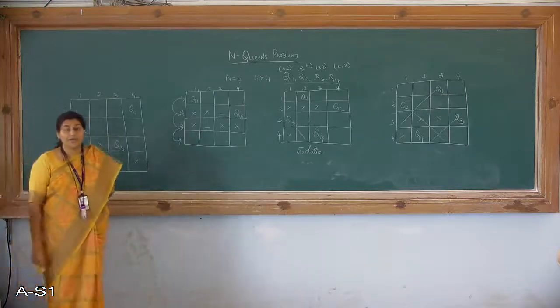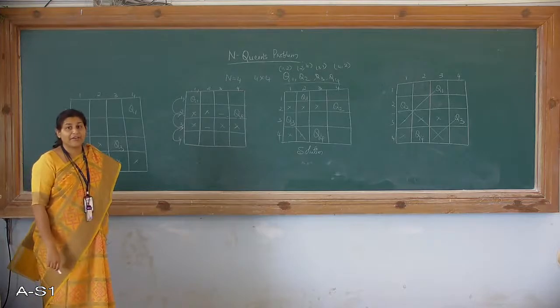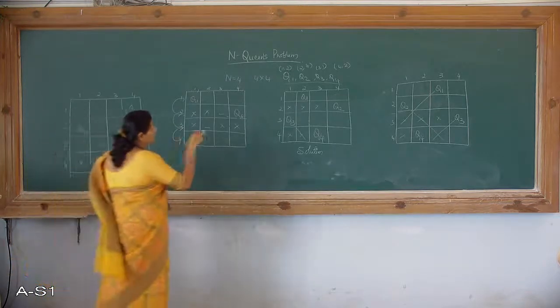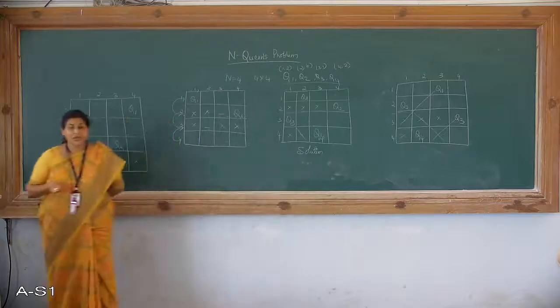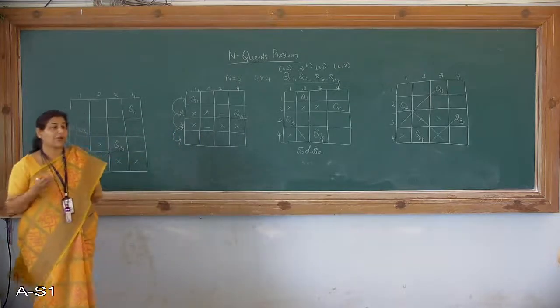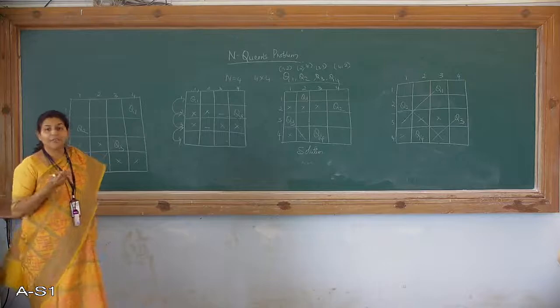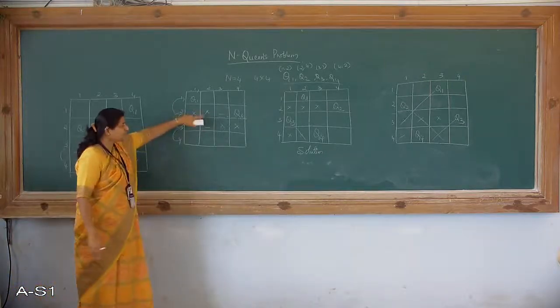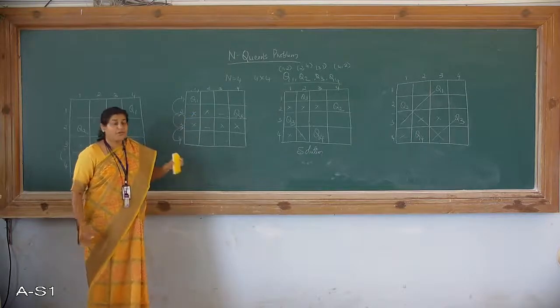So here, how many combinations would I have? I would have 4 queens and 4 positions, so many combinations, 4 cross 4 combinations, to place my queen over here.